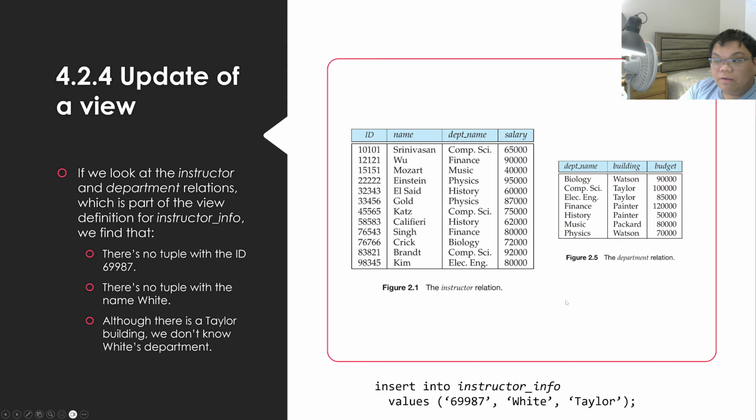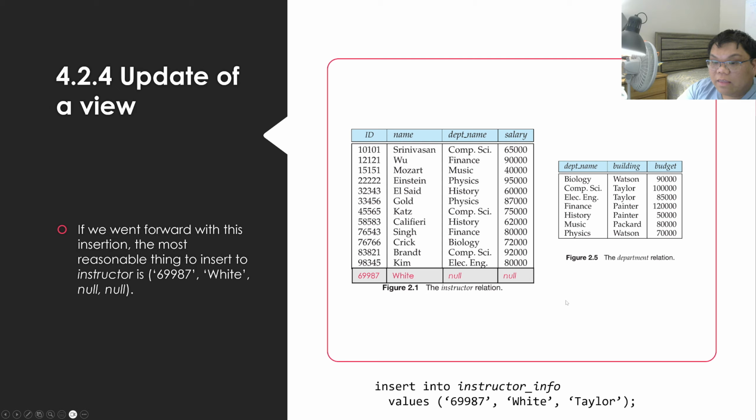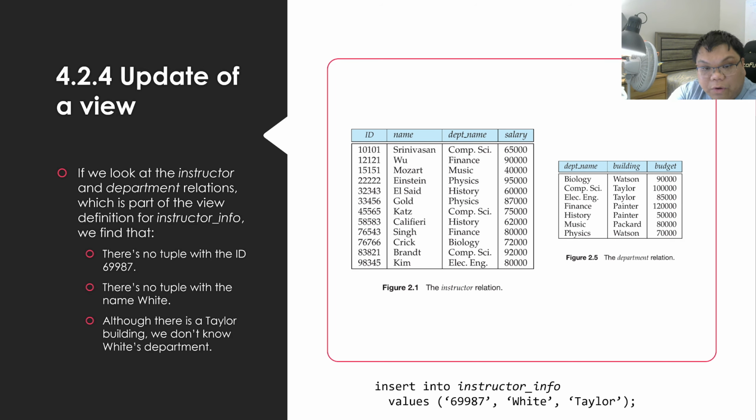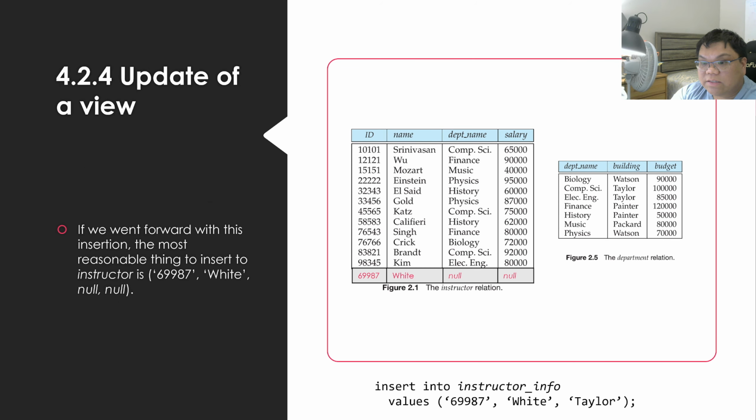If we went forward with inserting information into instructor info, and since instructor info is defined as a query that uses these two tables, we have to insert something into both tables. So the most reasonable thing to insert into the instructor relation would be 69987, White, null, null.